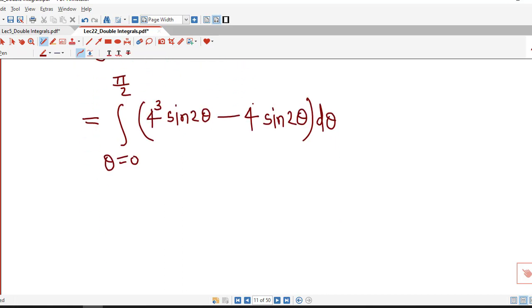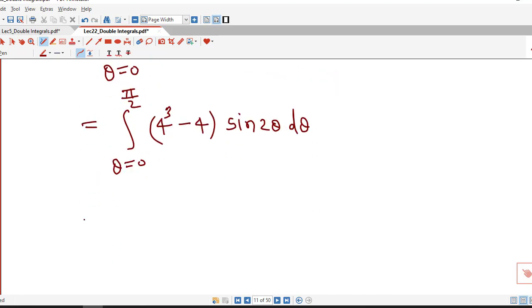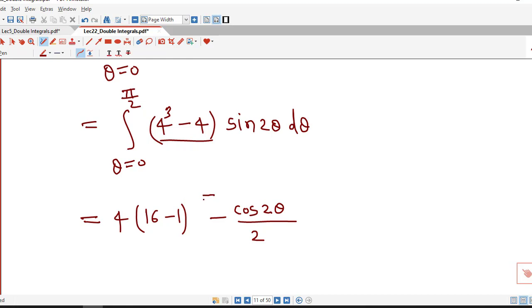Now we take sine 2 theta common, and this is a constant quantity, 4 cube minus 4, times sine 2 theta d theta. Now these things are very simple. Here we can take 4 common, so we have 4 square, that is 16, minus 1, and the integral of sine 2 theta is minus cos 2 theta divided by 2, with theta from 0 to pi by 2.